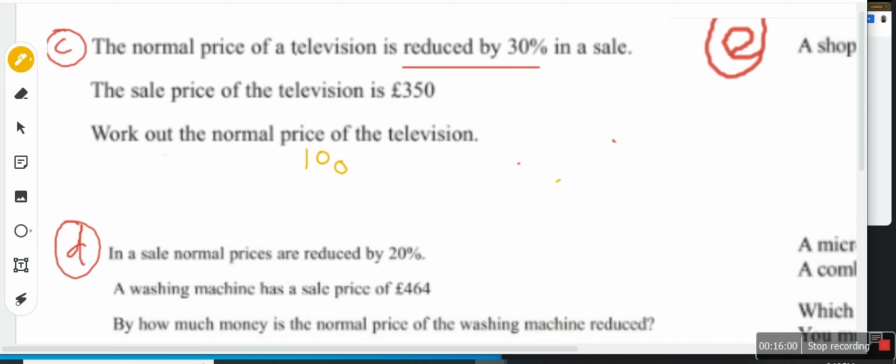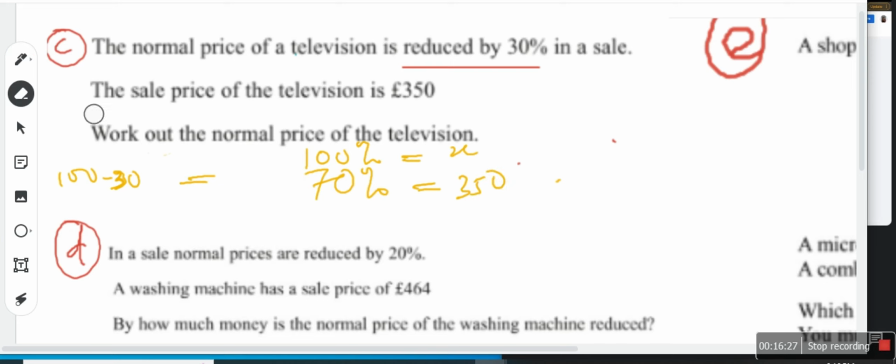Okay, 100% is equal to X. It's reduced by 30%. So that's 70. If you take 30 out of 100, it's 70. So you could actually do 100 minus 30 equals 70%. So 70% is now 350. So what's X? You cross multiply.